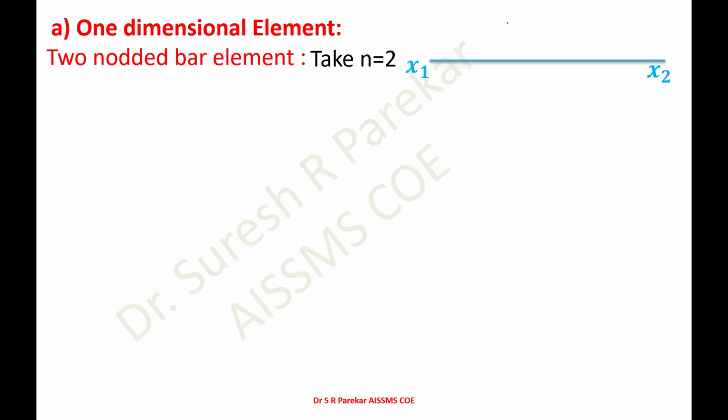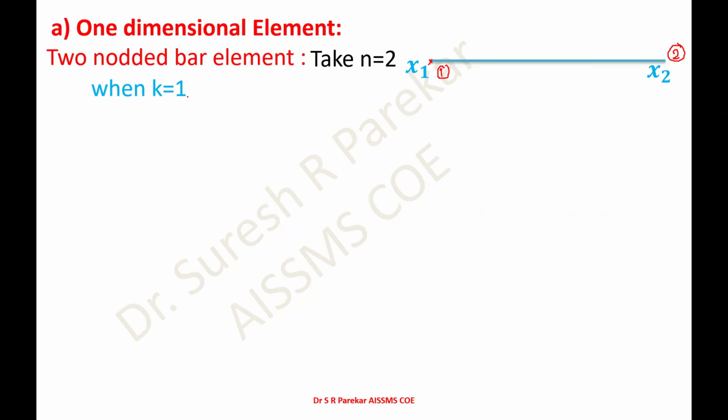So we have node 1 and node 2, and the coordinates of these nodes are x1, x2. Now when k is equal to 1, it means we are going to find the shape function for node 1.